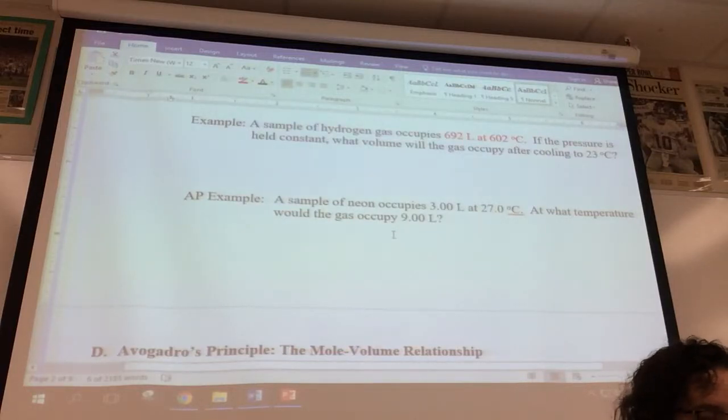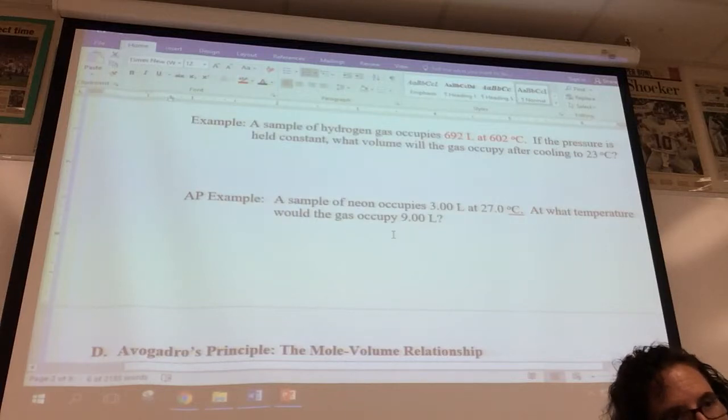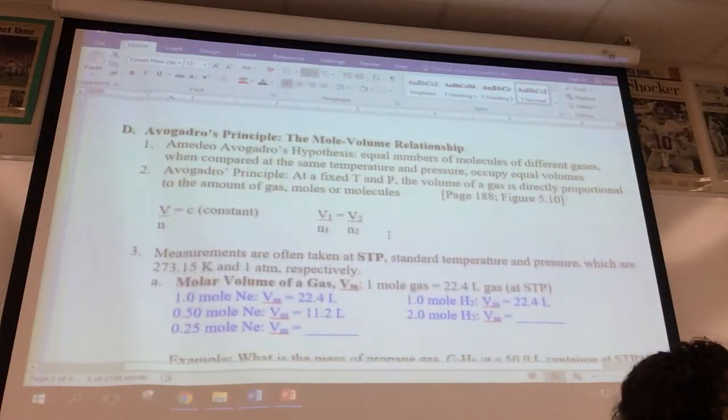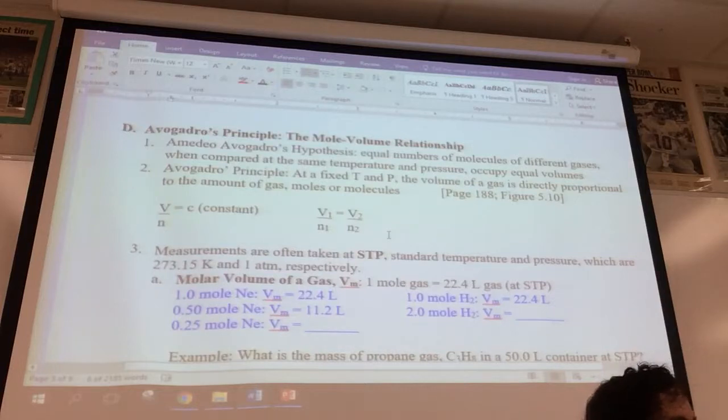All right, so we've got Boyle's law showing the inverse relationship between pressure and volume. We've got Charles' law showing the direct relationship between volume and temperature. We want to look at Avogadro's principle, which shows the direct relationship between moles of a gas and the volume of a gas. So the more moles, the greater the volume.